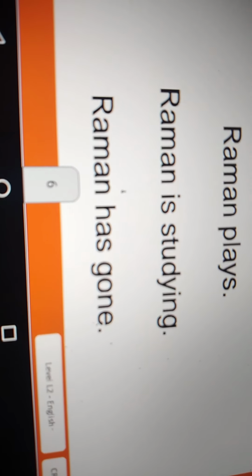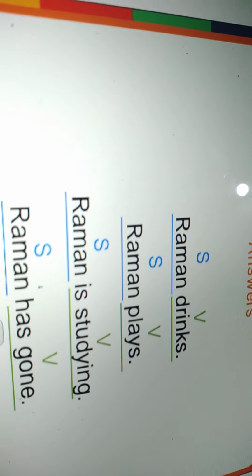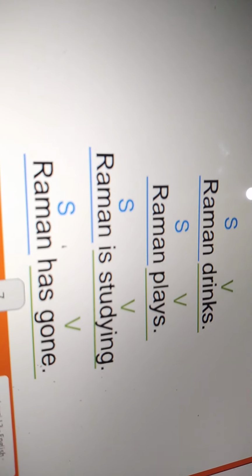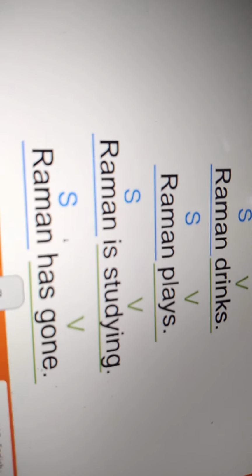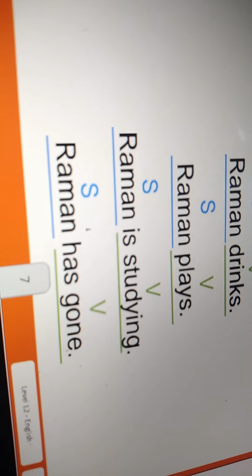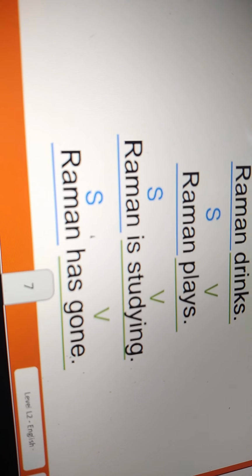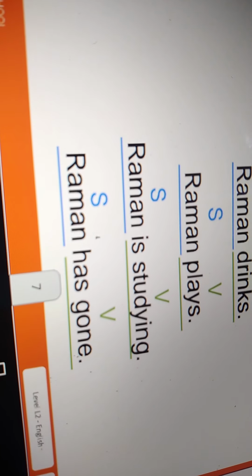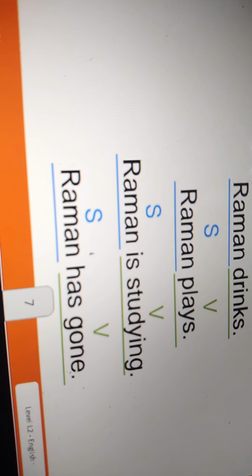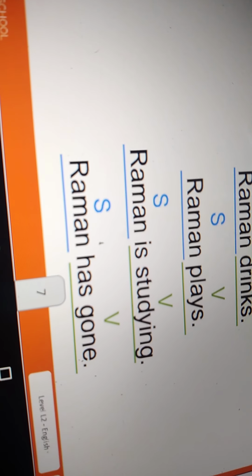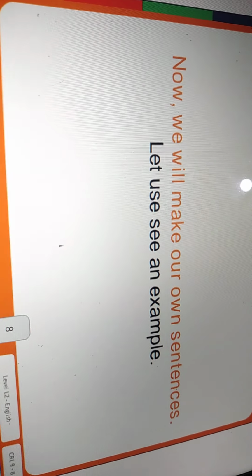Subject, Raman, verb, has gone. Whether everything is correct, children? Yes. So when you underline the verb, if the sentence carries a helping verb, underline it along with the main verb, children. Can you understand? If the sentence carries a helping verb, underline it with the main verb and mark it as verb. Can you understand that, children?